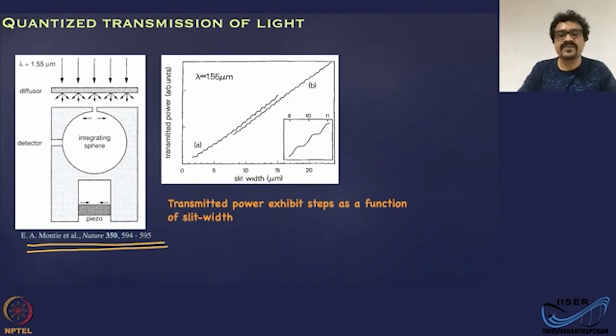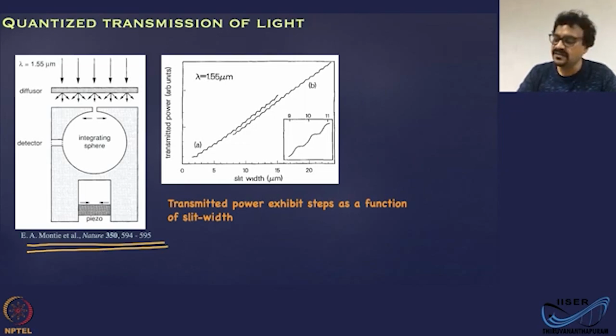You control it by a piezo. And what they have measured is the transmitted power, which is collected here, and it varies in a step-like manner as a function of slit width, which is exactly what we were also saying for the case of the quantum point contact or atomic point contact.